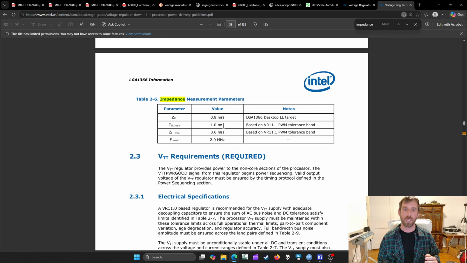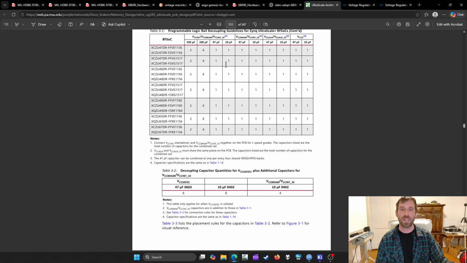You've got software that can simulate this very well and then tell you what capacitors to use and placement and all that other stuff. So this is when you truly have to worry about this. You don't even have an impedance spec in this data sheet. It just tells you what to do.